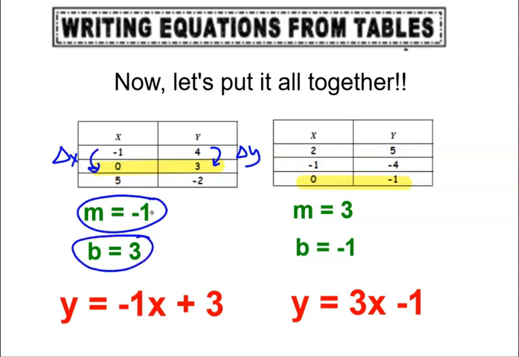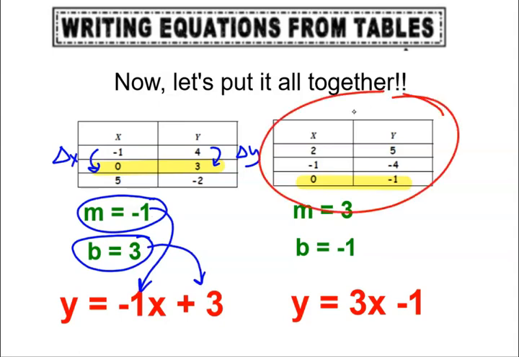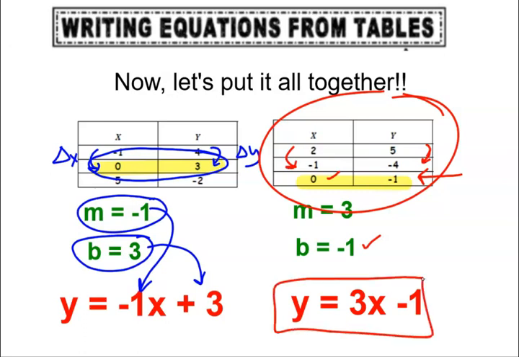Once we know these two numbers, we put them in the appropriate places. And we did the same thing with this second table. We found our y-intercept by looking for the 0 value in the x column, right? That gave us our y-intercept, and then we calculated the rate of change by using 2 points. And we put those numbers into the y equals formula.